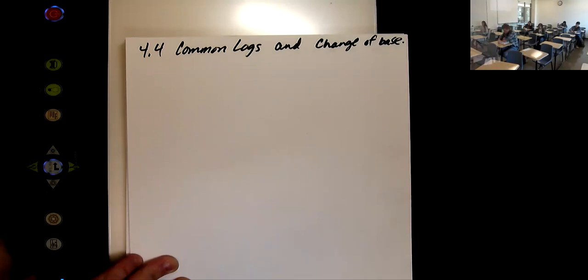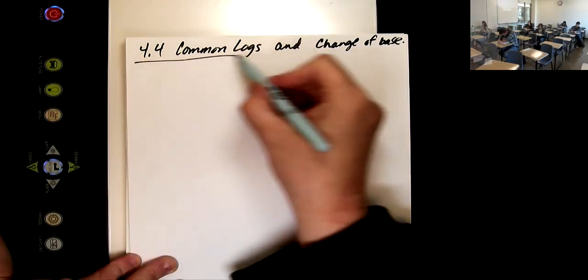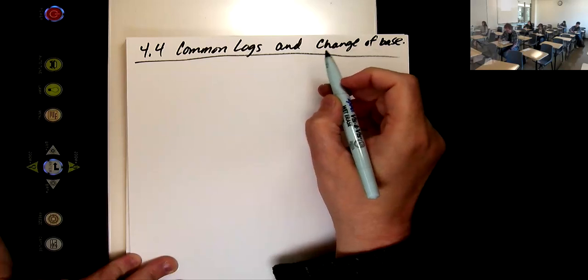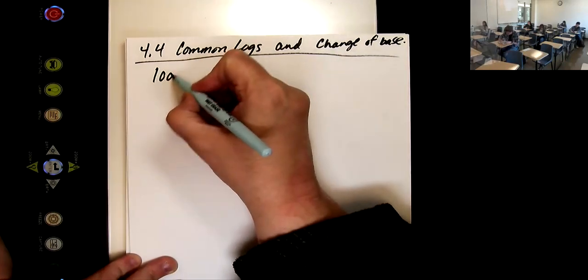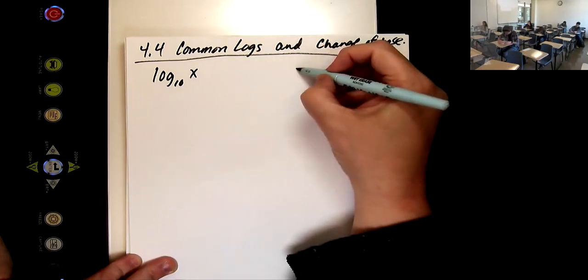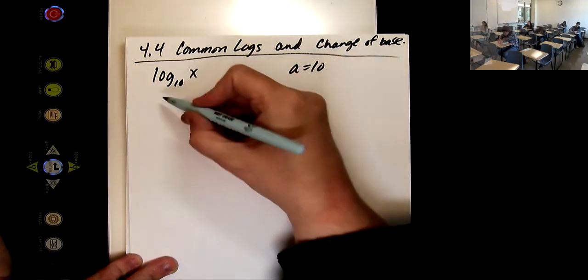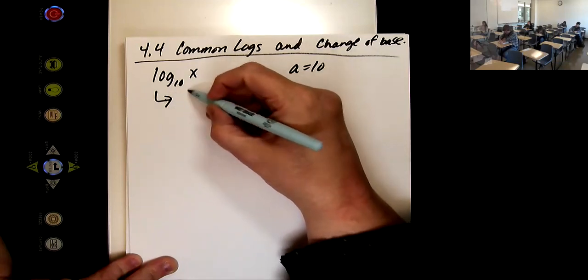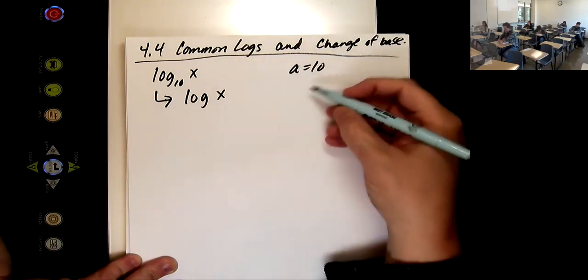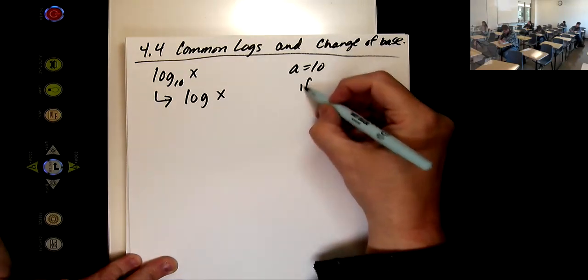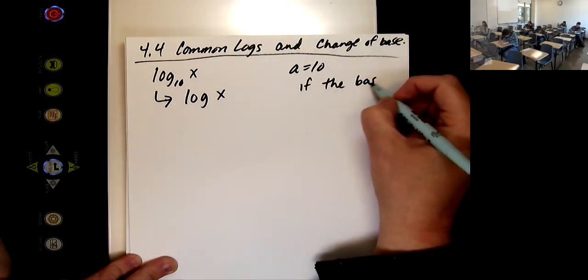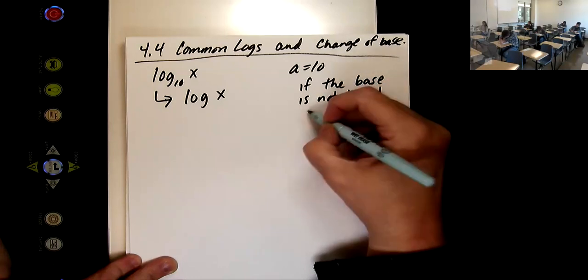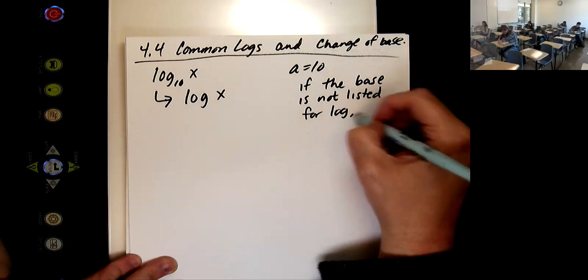Our number system, the one we use, is base 10. That's a common base. Log base 10 of x, where a is 10. What you will see is log x. If the base is not listed, it's base 10.